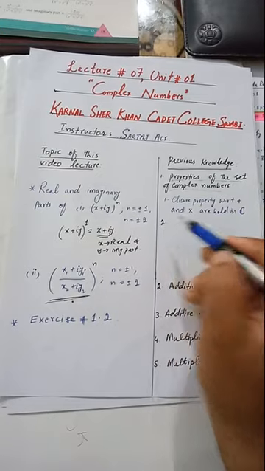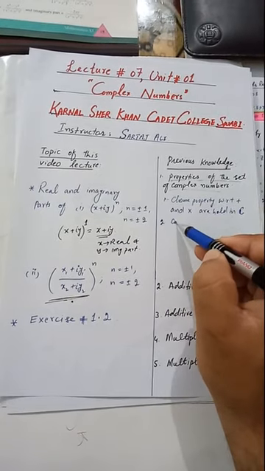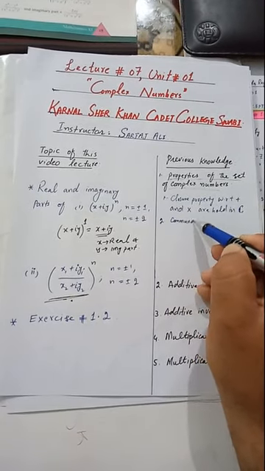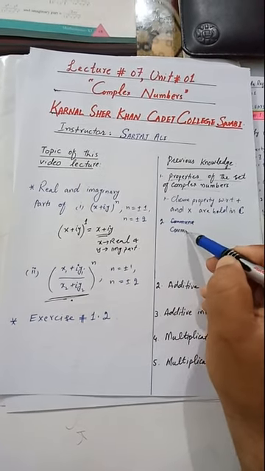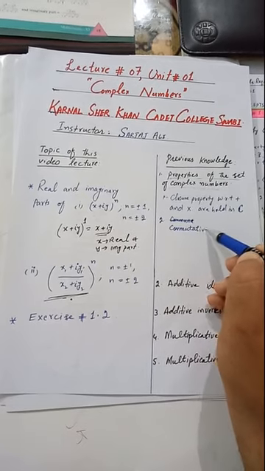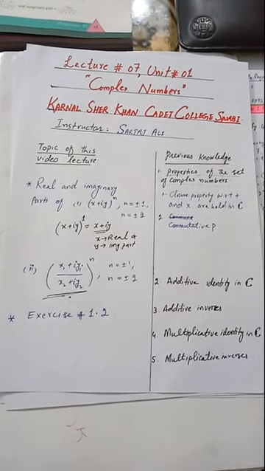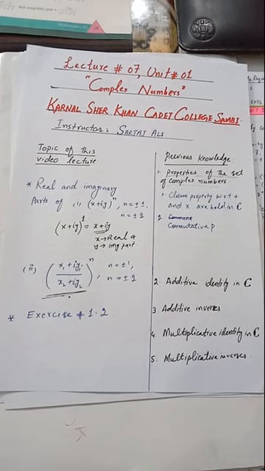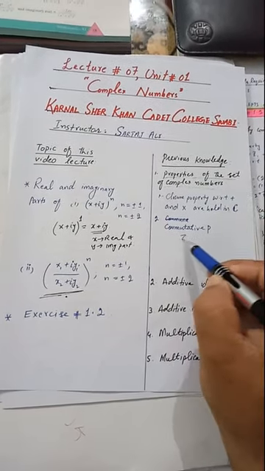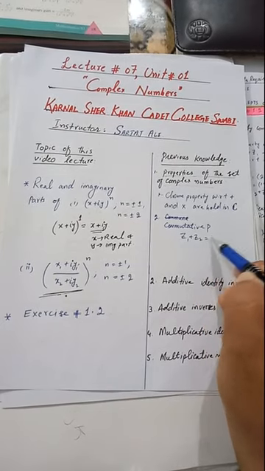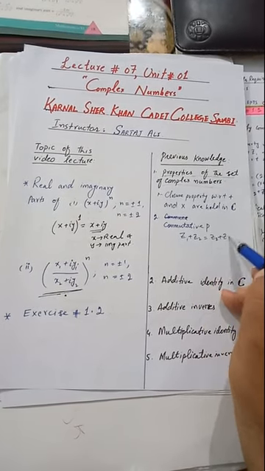After that we discussed the commutative property. The commutative property with respect to addition as well as multiplication holds in the set of complex numbers. That is z1 + z2 = z2 + z1.